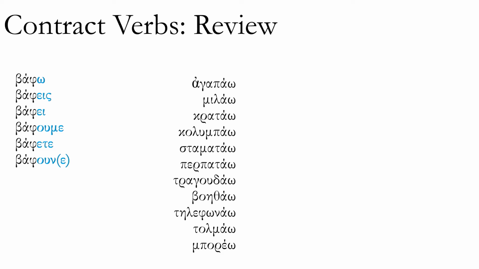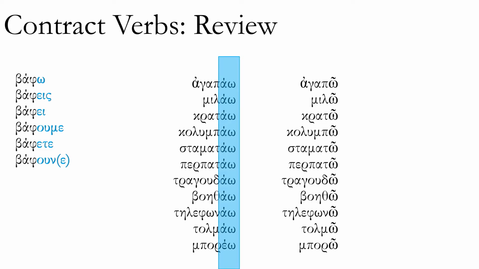It's just not necessary at this stage. So you can see the two vowels at the end. Okay, ao, eo, and like we said before, o. Well, what a contract verb is going to do is it's going to take those last two vowels and they're going to contract into one. So now from agapao we get agapo, I love.